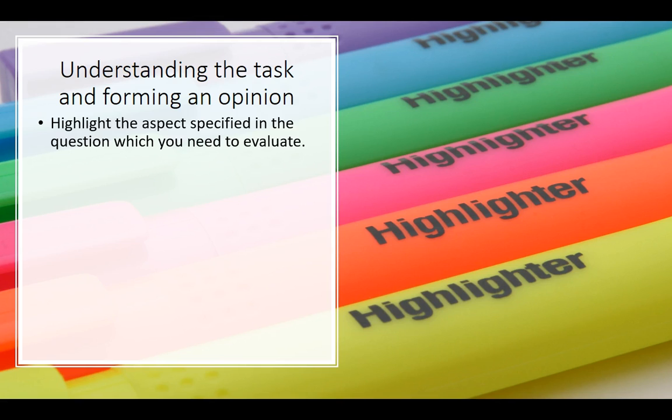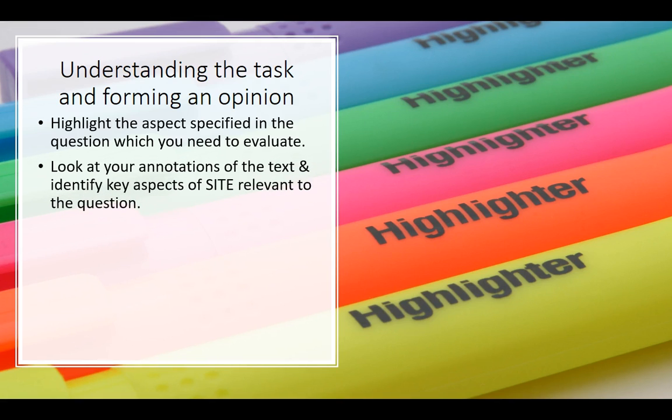So there's a lack of focus for the evaluation. Take highlighters into the exam with you and highlight the particular aspect that you are being asked to evaluate. The general wording of the question will always be the same. It is just that aspect that you need to be aware of.